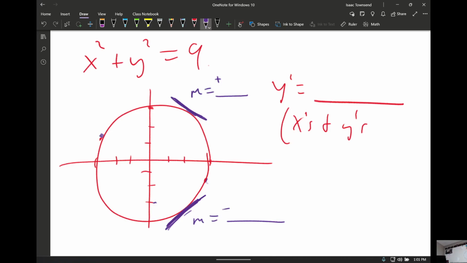I think that might be the only y prime. So distribute your x, keep this y prime stuff on one side and move everything else to the other side, and undo this times by dividing. Unless there's a point. Does it give a point? No, it doesn't.